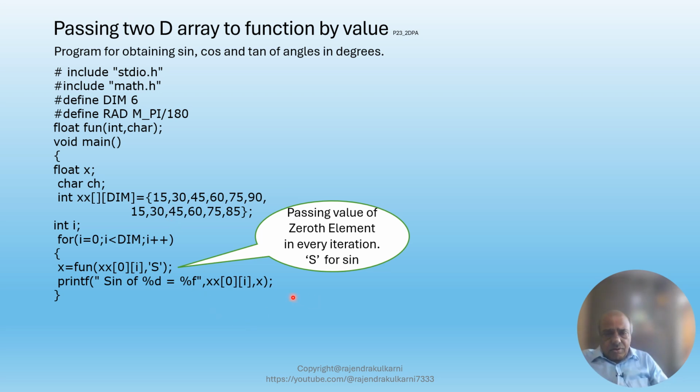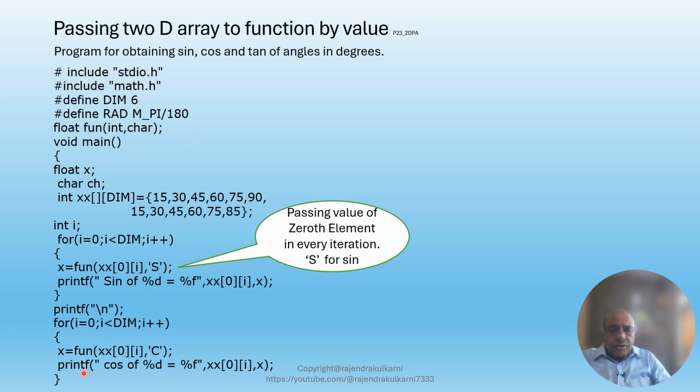The sine of that angle will be calculated by the function sin available in the math.h file, and that value will be collected when it is returned by the function. It will be collected in x and displayed by this printf statement.